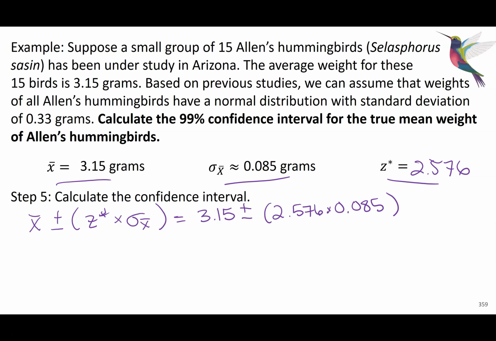If you go ahead and subtract first, you're going to get your lower bound, something like 2.93 grams. In general, at least 2 places past the decimal is a good place to go. And then up to 3.37 grams.